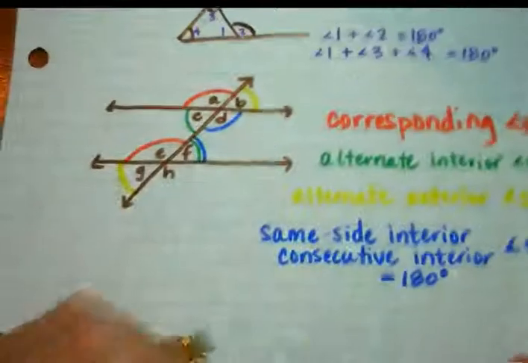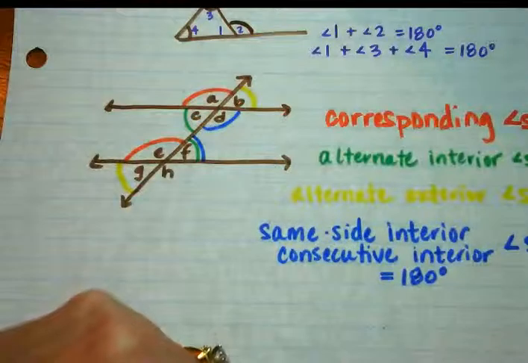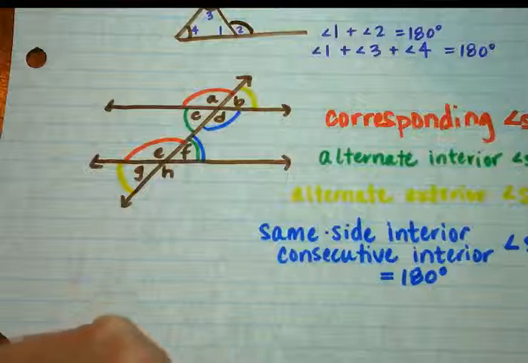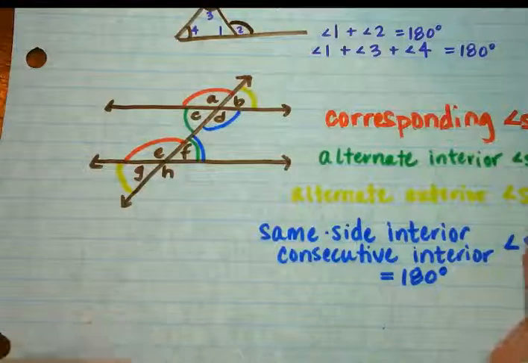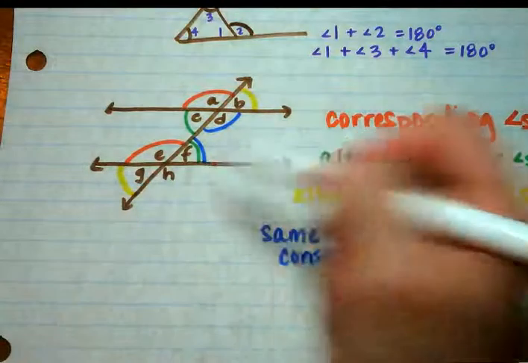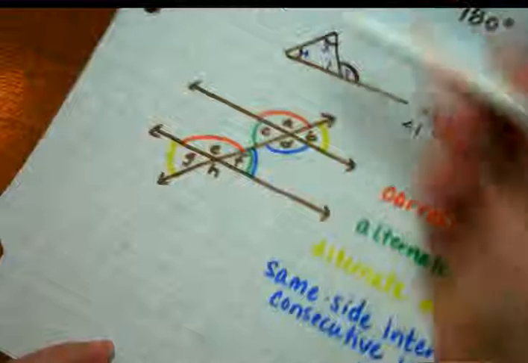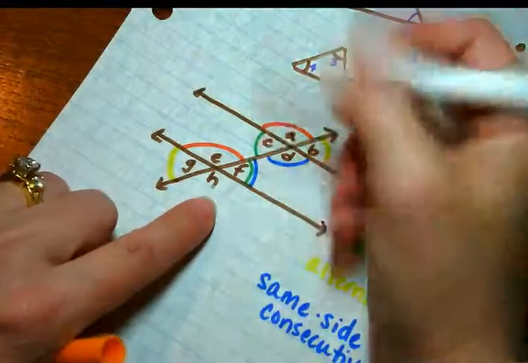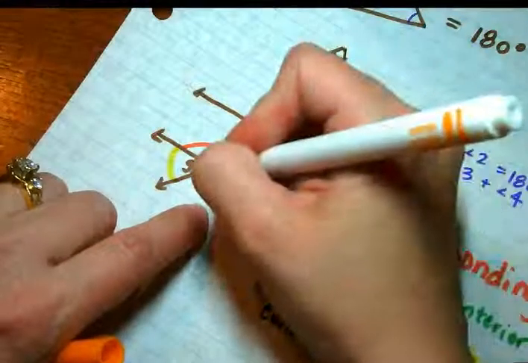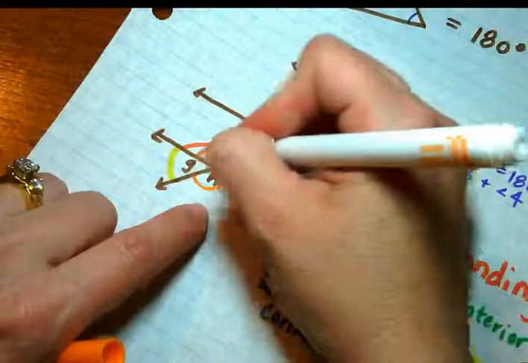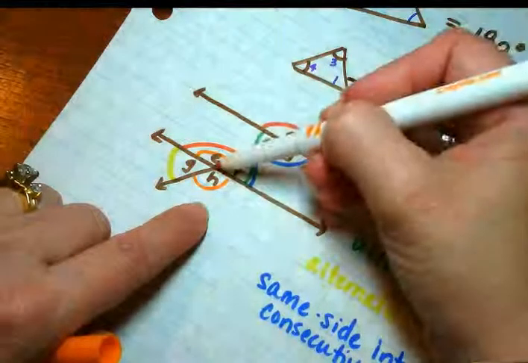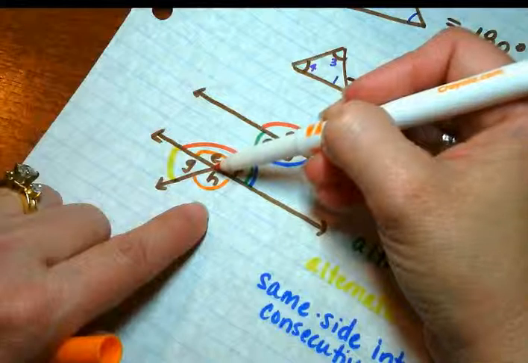All right, we have one more special vocabulary word or set of angles that we want to point out. And those are vertical angles. Vertical angles are ones that I refer to as a bow tie. If we just look at this one set right here, I'm going to use H and E. Those two angles are vertical angles. They have the same vertex. That's why they're vertical.